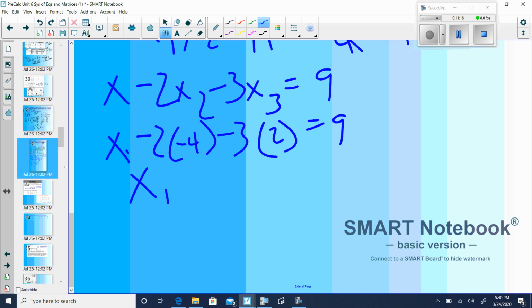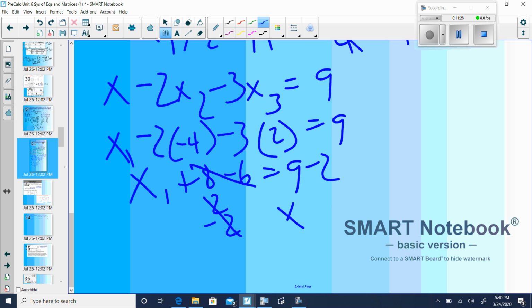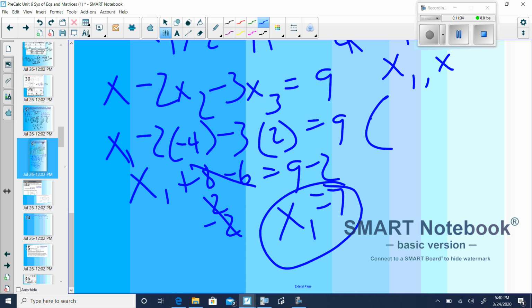So we have x sub 1 plus 8 minus 6 equals 9. So x sub 1 plus 2 equals 9. We take away 2. X sub 1 equals 7. So our answer in x sub 1, x sub 2, x sub 3 form is 7, negative 4, and 2.